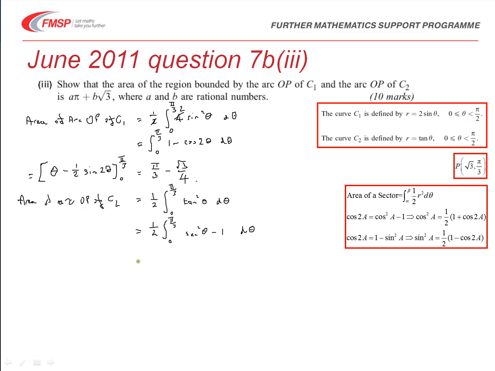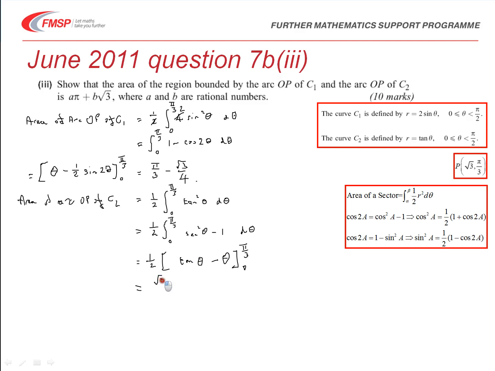So if that's the case, I can now evaluate this integral, because the sec squared will become tan theta when I integrate it, because the differential of tan is sec squared, minus theta, and that's between 0 and pi by 3. And so once again, if I put pi by 3 in here, the tan of pi by 3 is root 3.